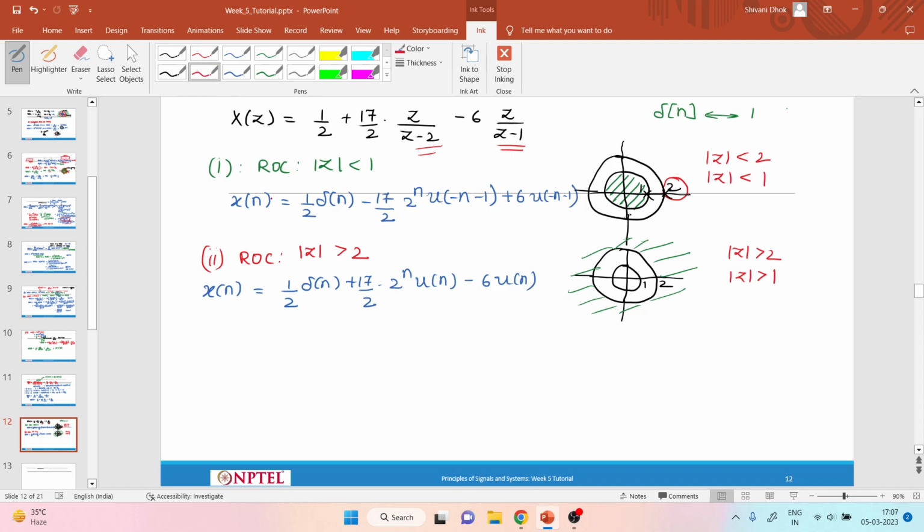And the third region of convergence that we are given in the question is the ROC such that my magnitude of z lies between 1 and 2. That is, it is of this form.